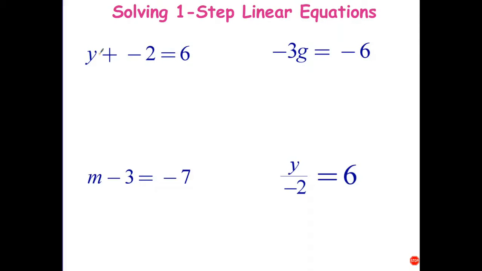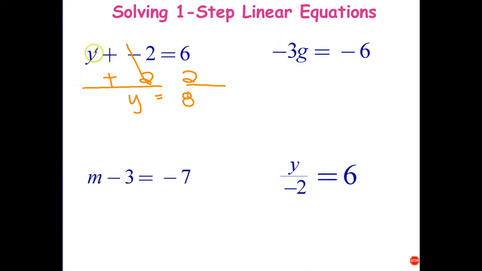So in this equation, we have y plus negative 2 equals 6. Now the opposite of adding negative 2, you could say it's subtracting negative 2, but I prefer to think of it as the opposite of adding negative 2 is adding 2. If you add -2 and then add 2, those cancel each other out, and I end up with y equals 8.